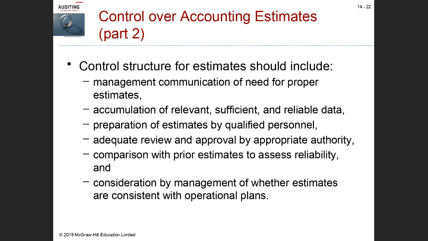The next one is a very good one in terms of proper control. Is there a comparison of the estimates that you made previously to assess the reliability? So last year, here was our estimate. How did that actually work out? So in my audit scenario, when we publish books, here's the estimate we had last year. How many books actually came back?